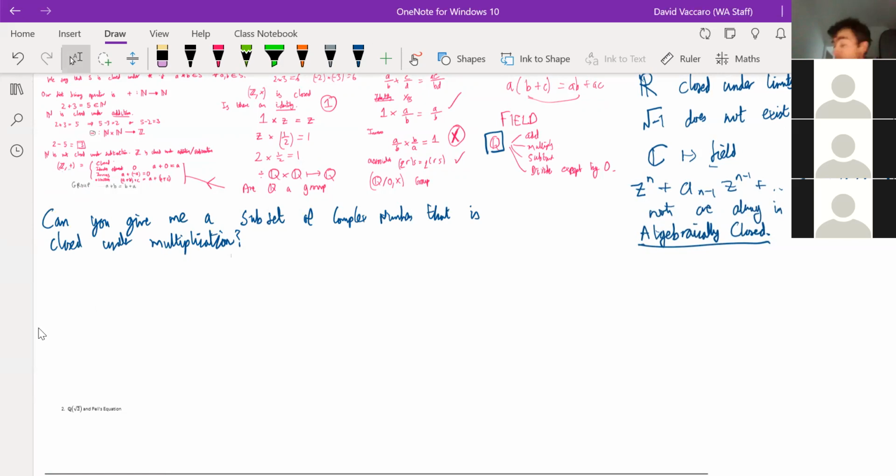This is a sort of question one can imagine on a first problem sheet at university. It's not a computational question, but it tests processing of an abstract concept like closure. So any suggestions for a set of numbers that is closed under multiplication?